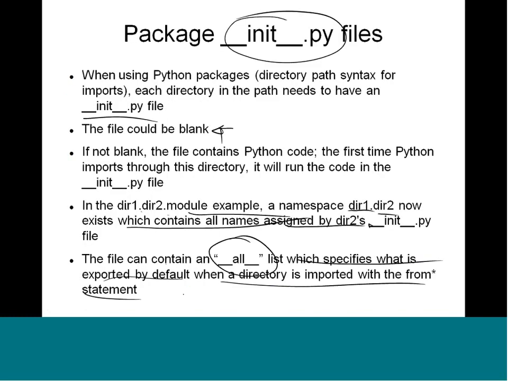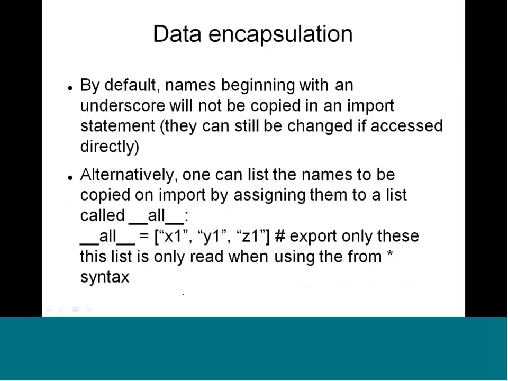So now this actually uses another concept of data encapsulation. By default, names beginning with an underscore will not be copied in an import statement. They can still be changed if accessed directly, so that's no issue.